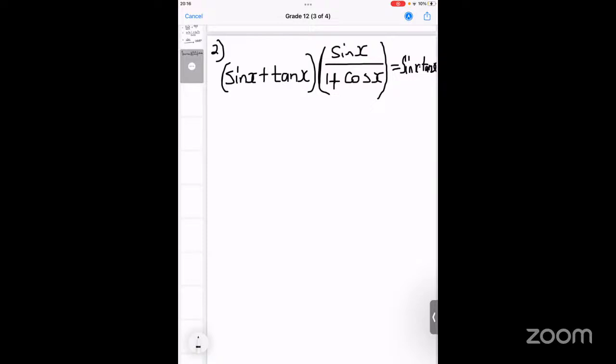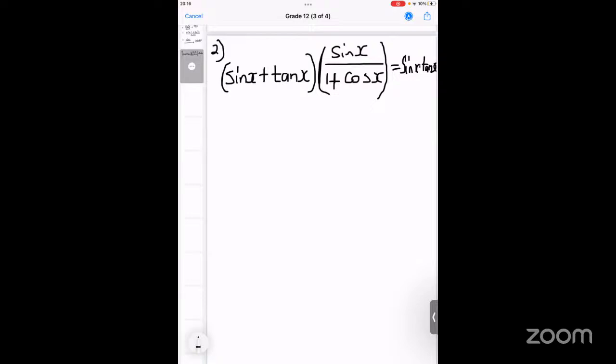Then we say sine x over negative sine x. Explain that part. So over positive sine x, 1 plus cos x, is it sine x, sir? No, it's not.